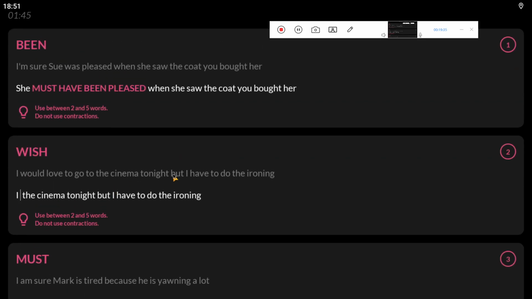Wishes and regrets. It says, I would love to go to the cinema tonight, but I have to do the ironing. What do you wish? So I wish I could go to the cinema tonight, but I have to do the ironing. Ojalá pudiera ir.